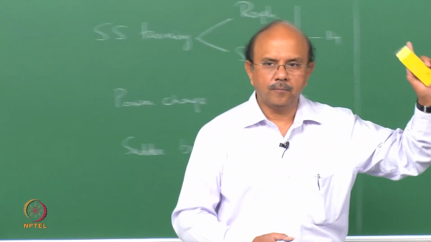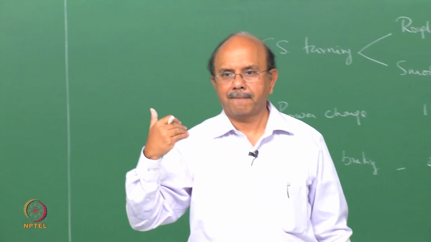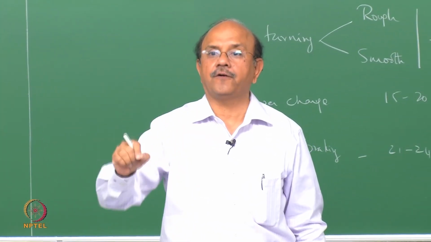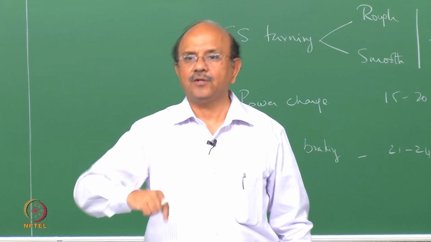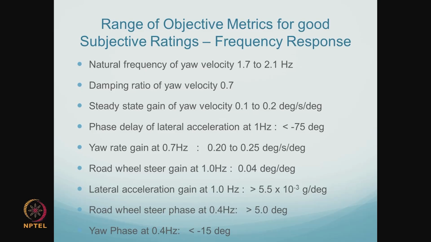So this range is obtained from that correlation. There are a number of ways in which they have obtained this correlation. So range is different from design. Then you have to go and design a car whose, for example, natural frequency is between these two, 1.7 and 2.1.